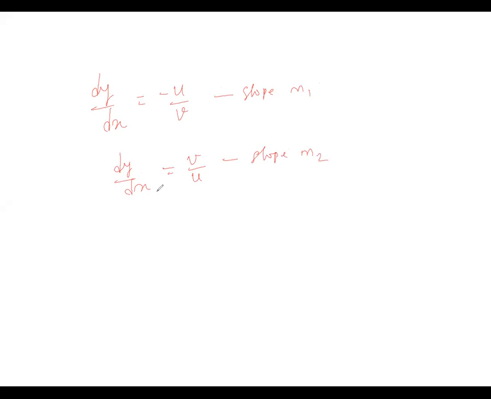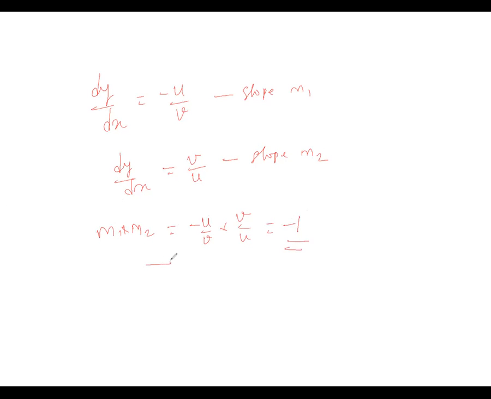This is the slope m2. If you multiply the two slopes m1 and m2, you get minus u by v into v by u, which equals minus 1.